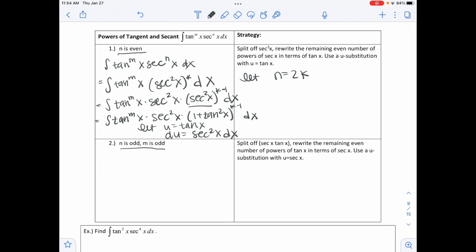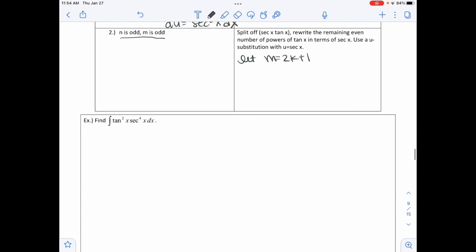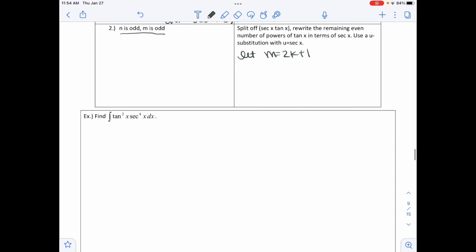So since it is odd, I'm going to go ahead and let m equal 2k plus 1. So the problem, which is the integral of tangent m x secant n x dx. And since I defined m as 2k plus 1, I'm going to break off that.